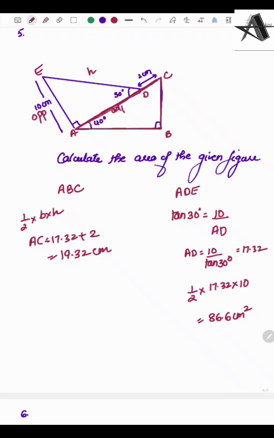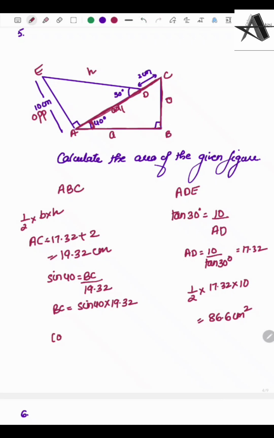That means if this is my angle, the side opposite to this angle is opposite, and the side connected to this angle is adjacent. So applying sine theta, sine 40 is opposite, which is BC, over hypotenuse. Hypotenuse is AC that we just calculated, 19.32. So BC is sine 40 into 19.32. Similarly, I can calculate adjacent, which is AB, by applying cos theta.